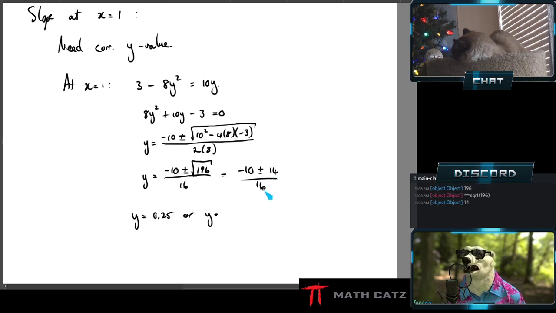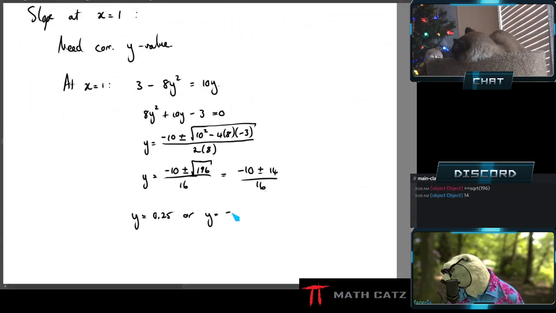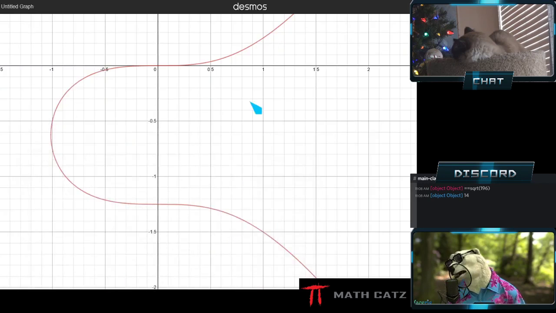Negative 24 over 16. Negative 1.5. No, yes, it is. Negative 1.5. And of course, it makes sense that I get two y values. It's this top one and this bottom one. It's not a function. For a single x value, I get multiple y values.